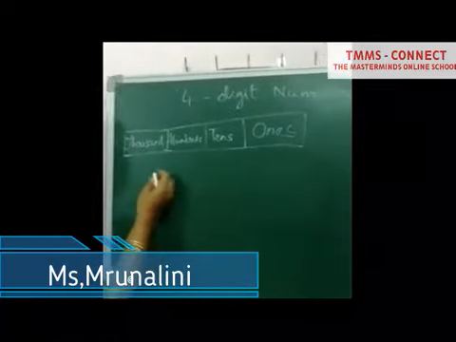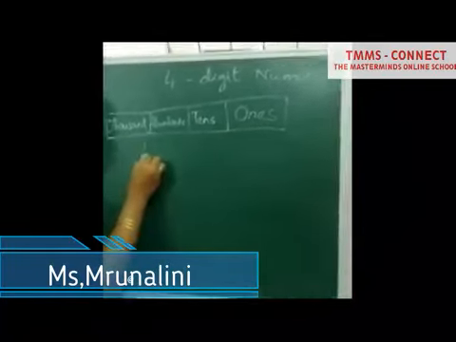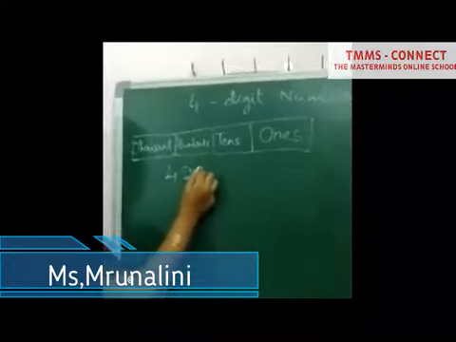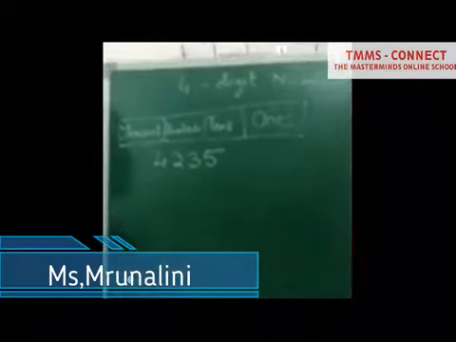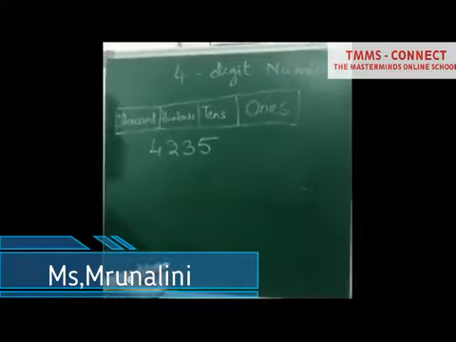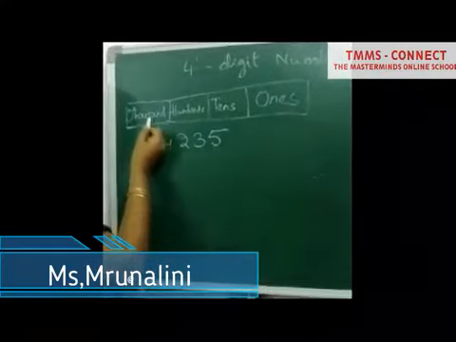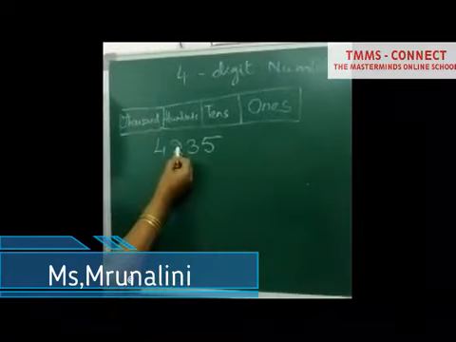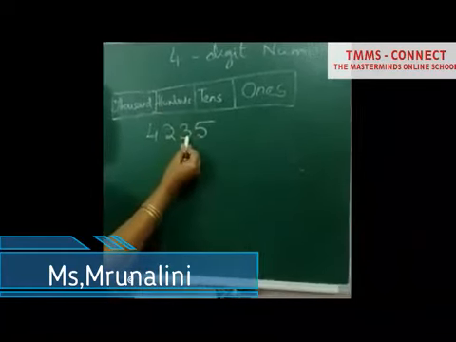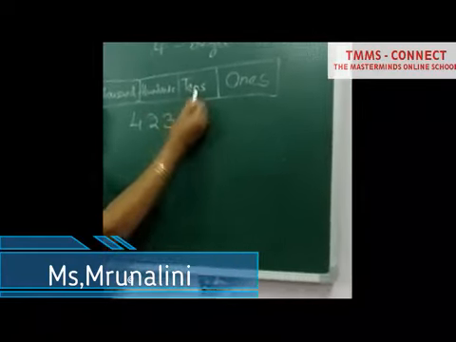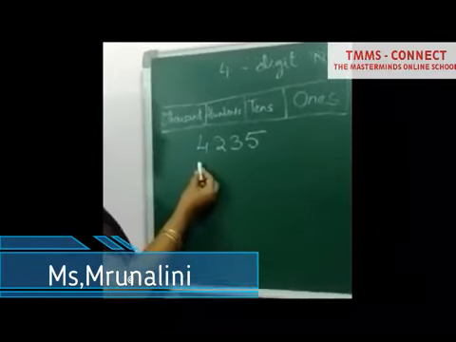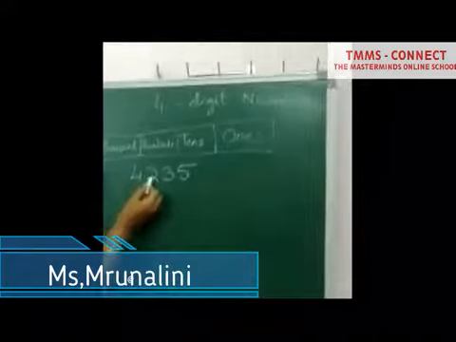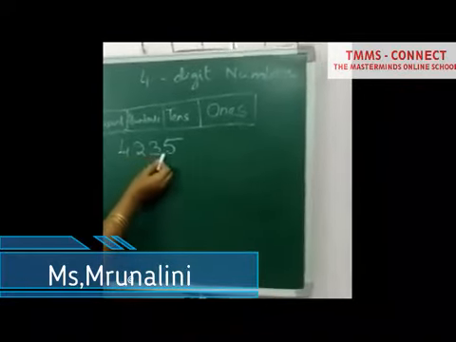Okay. So let us take an example. Now if I have a number, how do you read this number? Now look here, 4 is there in the thousands place, 2 is there in your hundreds place, 3 is there in your tens place, and 5 is there in the ones place. So how do we read this number? 4235.